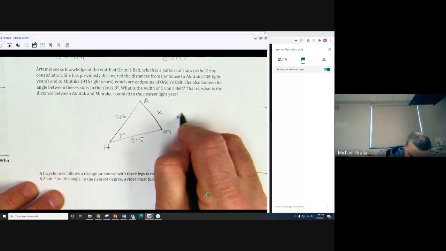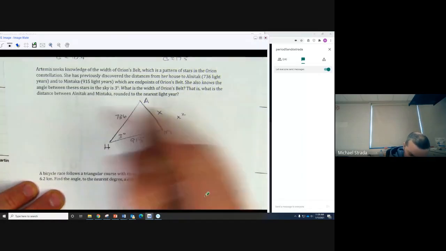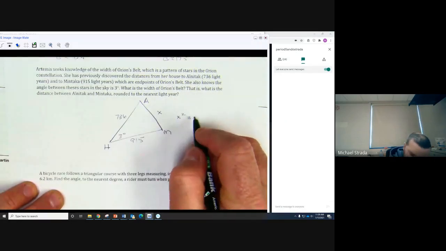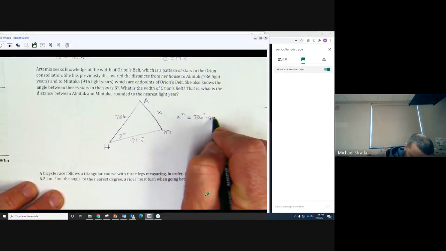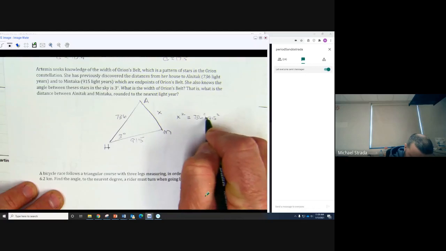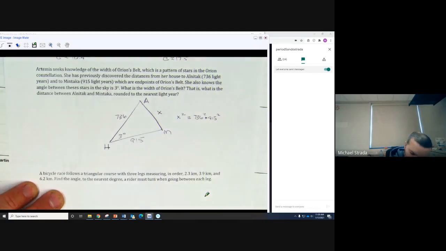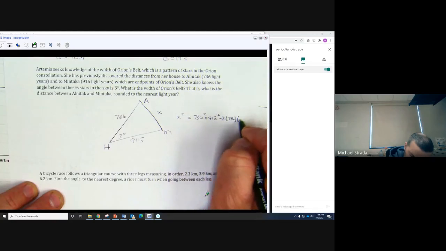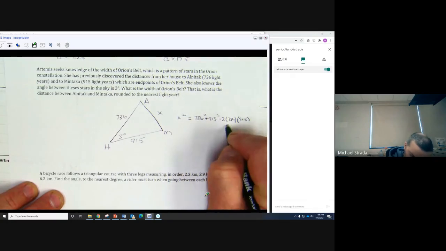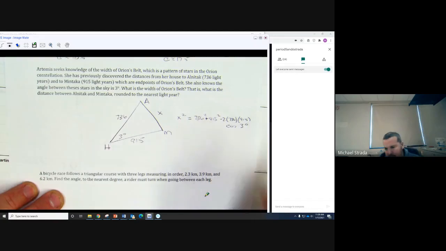So same idea we did up there, x squared equals the two sides of the triangle squared, so 736 squared plus 915 squared, minus 2 times their segments times the cosine of 3 degrees.